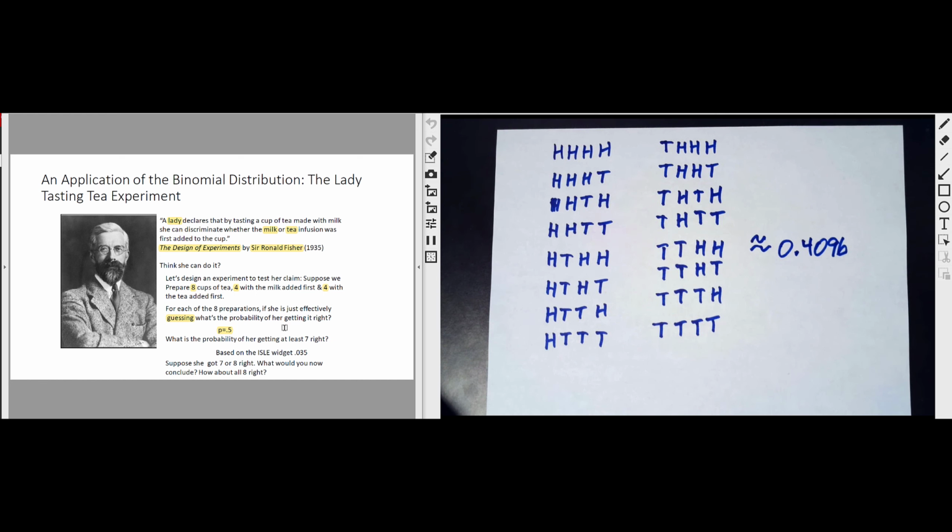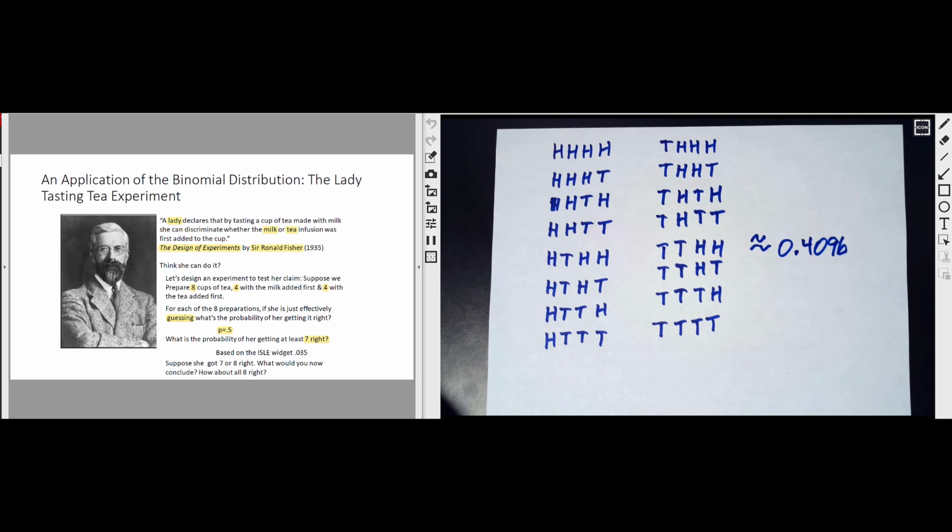If she's guessing, her probability of being successful is 0.5. So if she is guessing, what is the probability that she gets at least 7 or possibly 8 correct?